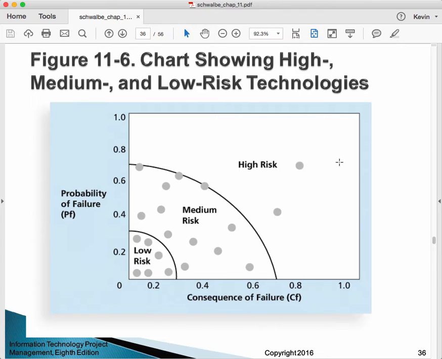And that we could plot a point for each risk, and then we could categorize them into bands. So the outer band is the high risk, the middle band is the medium risk, the lower band is the low risk. Okay, so these are two types of matrices or charts.